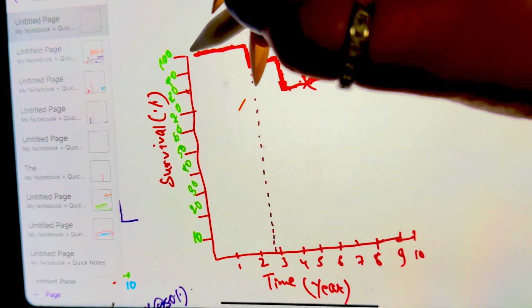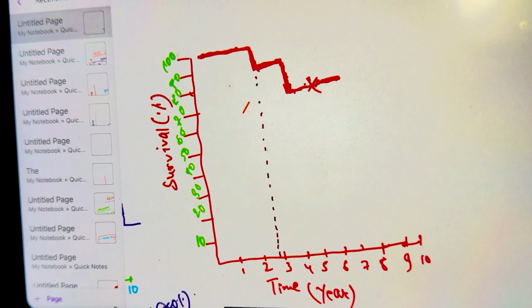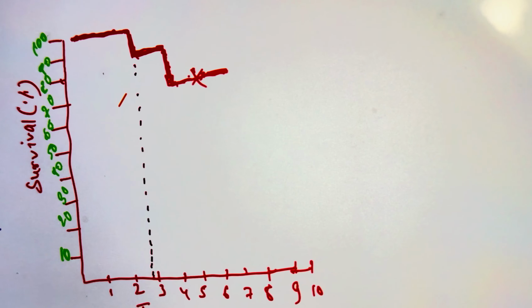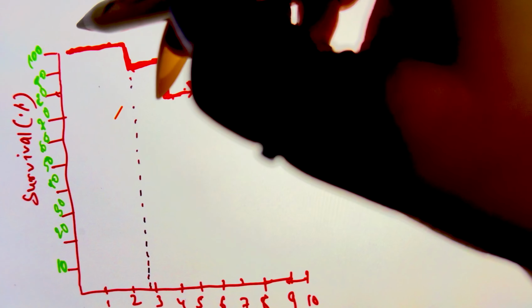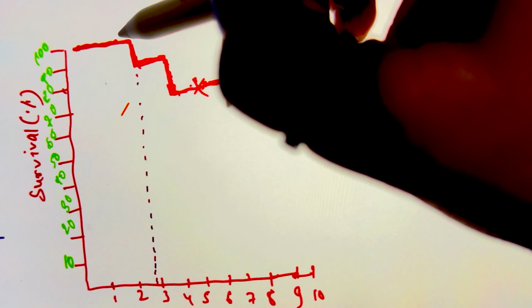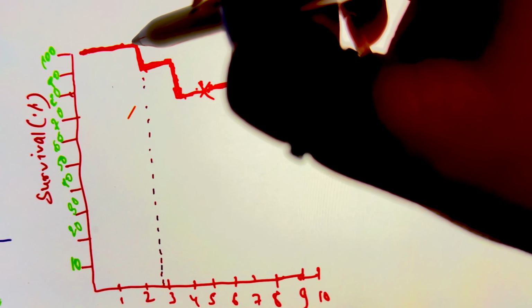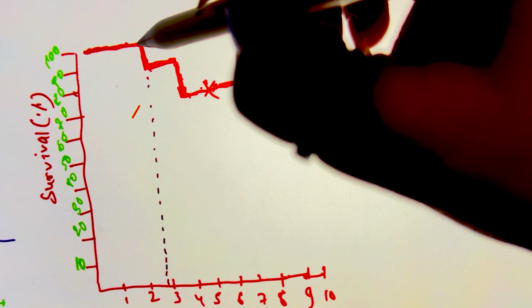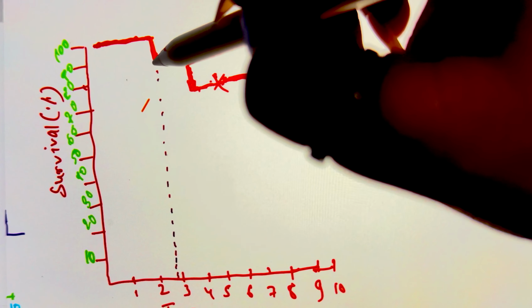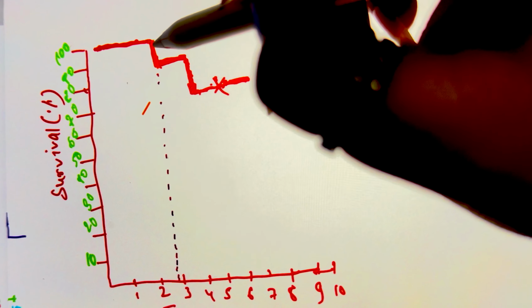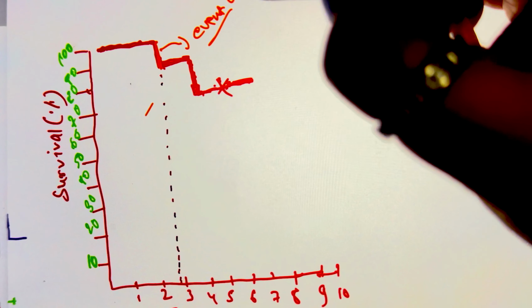The line stays flat until there is an event, and when an event occurs, it dips down vertically. When there is any event, it dips down.